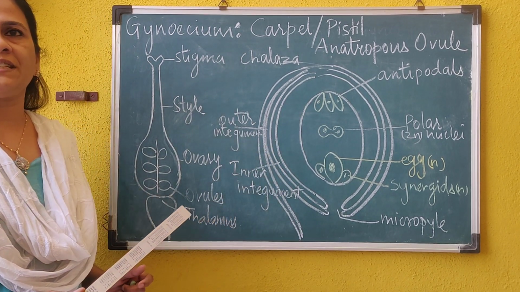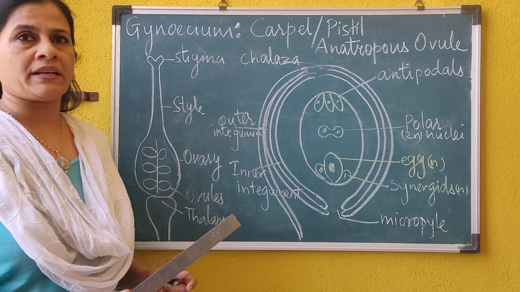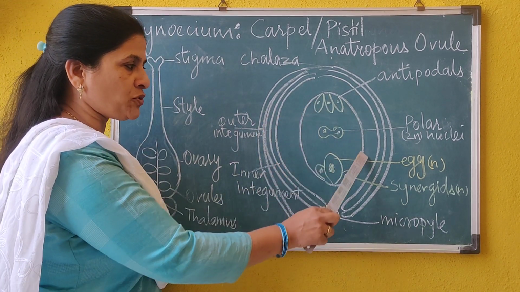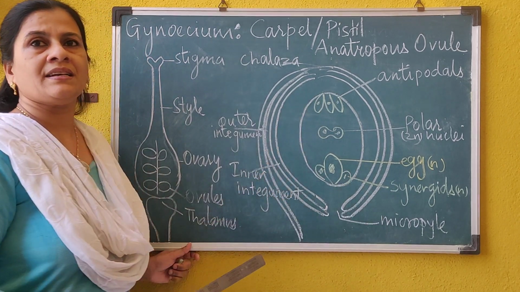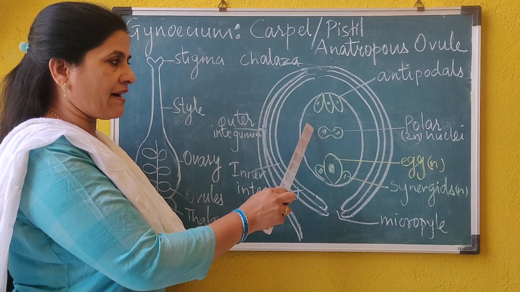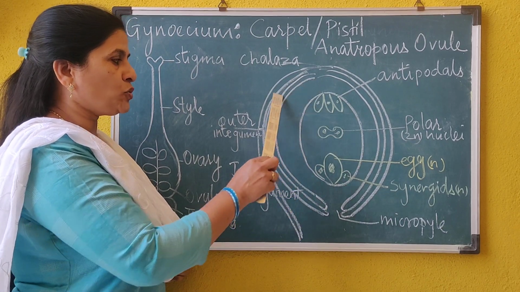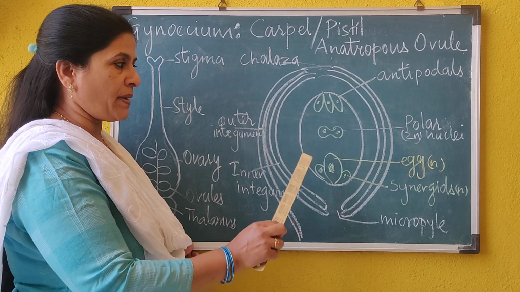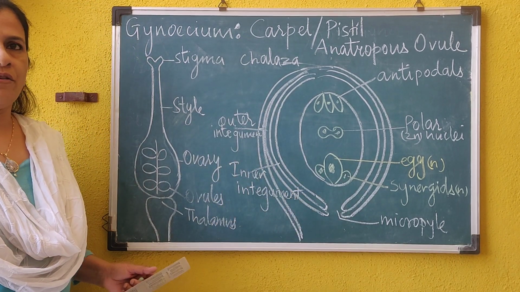These 3 parts are visible. But when ovule matures, one of the nucellus cells develops into the central part called as embryo sac. So a mature ovule will have embryo sac, 2 integuments and a nucellus. So in mature ovule these 3 parts are visible.